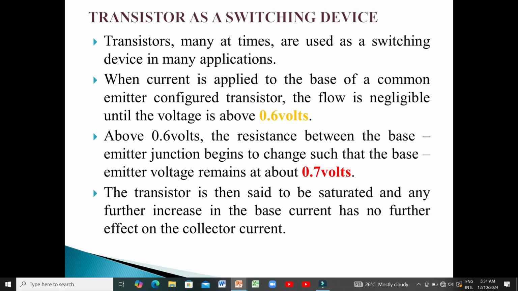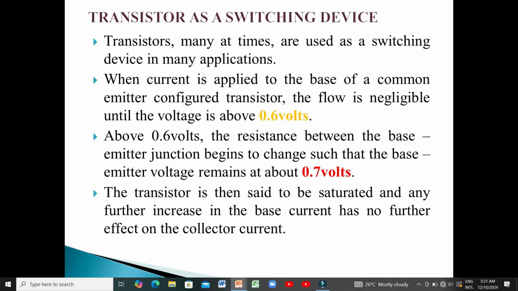Transistor as a switching device, that is another application. Transistors many times are used as a switching device in many applications. When current is applied to the base of a common emitter configured transistor, the flow is negligible until the voltage is above 0.6 volts.